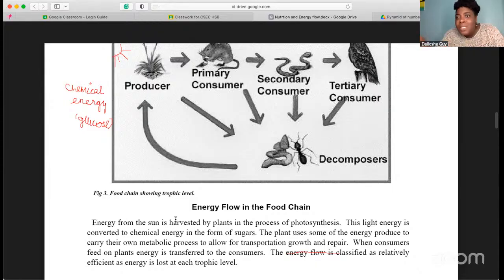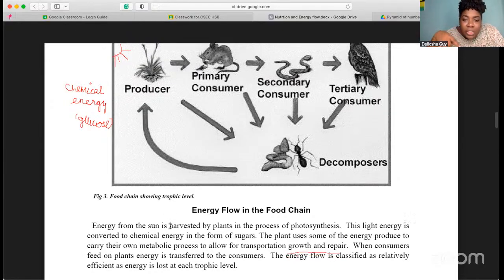It doesn't just pass it along to the consumer. Please take note of the processes that the plant does, because you have to be very specific in your answers. That's how you get the grade you're looking for. The plant has to carry out growth, repair, transportation, and reproduce. Energy is used in those processes.